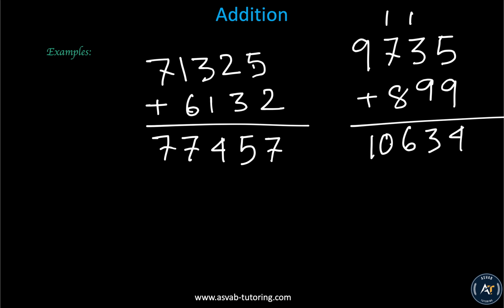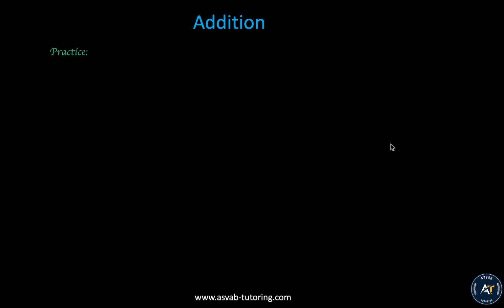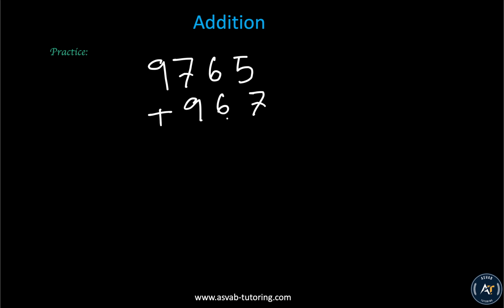Alright, so now I'll give you another example, and you have to do it by yourself. I'll write also the answer to check it. So let me write that down. A couple of problems here. 9,765. You add with 967.